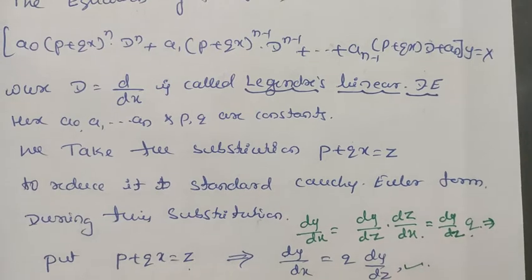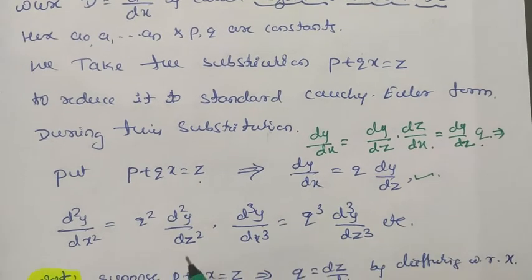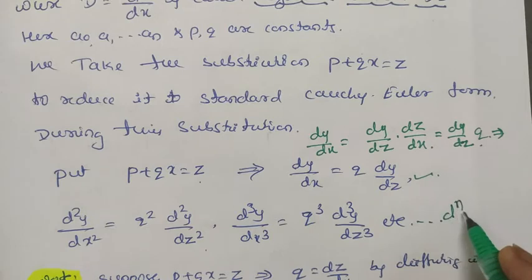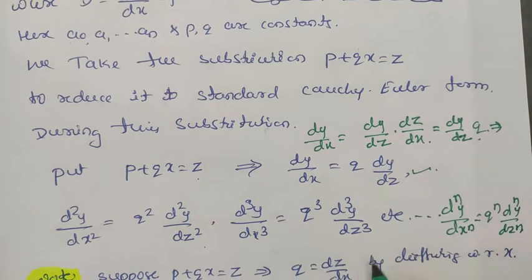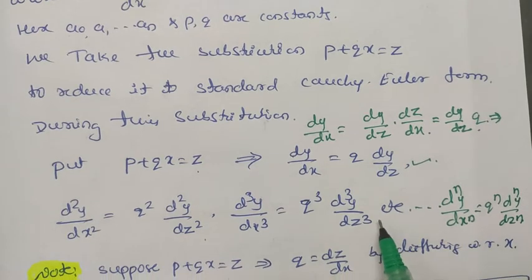Similarly, d2y by dx square is equal to q square d2y by dz square, d3y by dx cube is equal to q cube d3y by dz cube, etc. Generally, d^n y by dx^n is equal to q^n d^n y by dz^n.